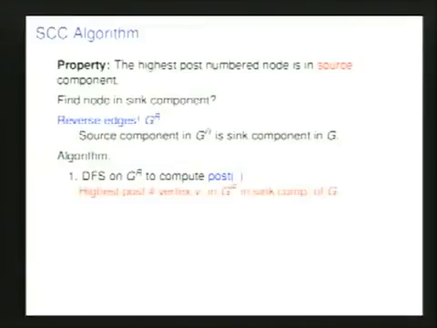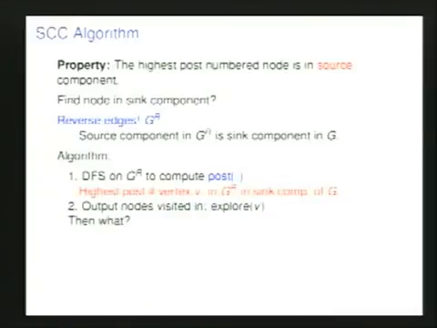The highest post-order number V in GR is in the source of GR, and therefore is in the sink of G. Okay? So you call explore on V and output the nodes visited.